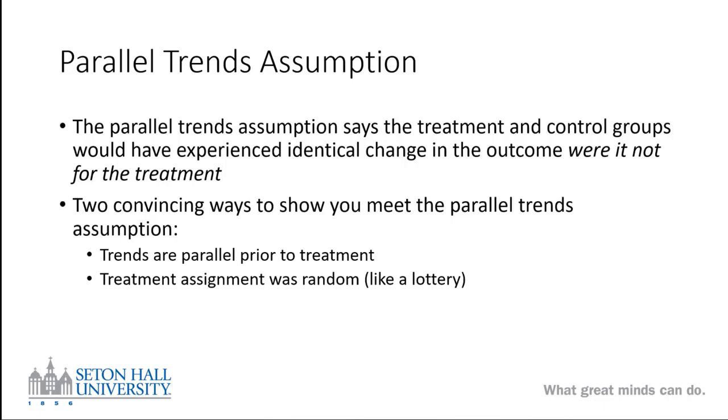We can use that to say that we meet the parallel trends assumption because treatment assignment was random. But in a lot of cases, we don't have that random assignment. So if you can show that trends were parallel prior to treatment, you're going to be in good shape.